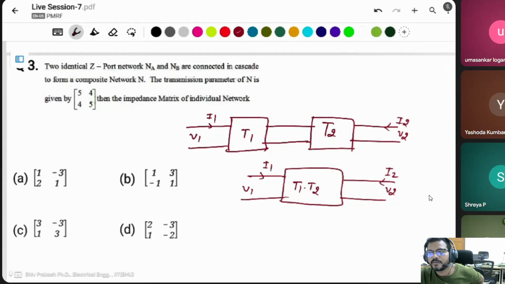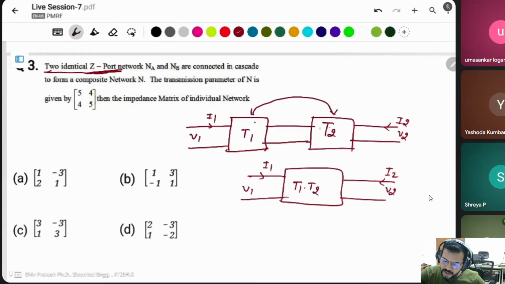Okay, but it is possible in transmission parameters only. Then you can say, if I find these two parameters T1 and T2, because both are the same, the identical Z parameters, if you convert two identical Z parameters, then it will be the same identical T network also.